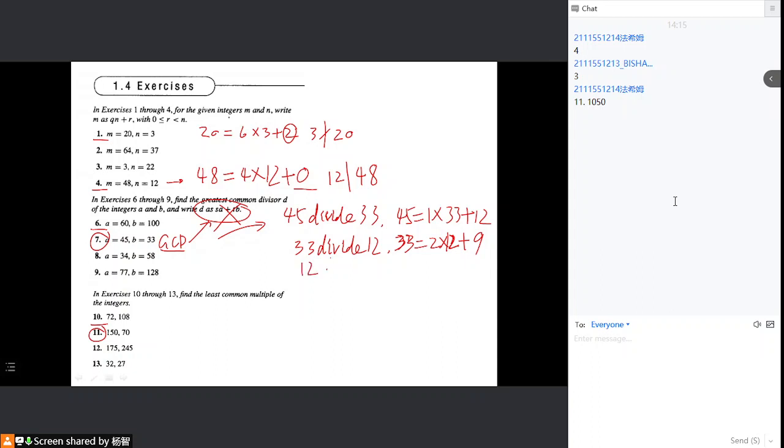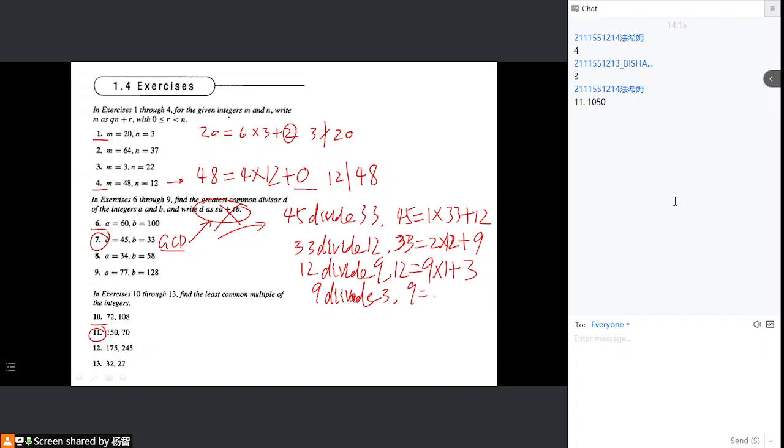So the next step, 12 divided by 9 equals 1, remainder 3. Okay, the next step is 9 divided by 3.